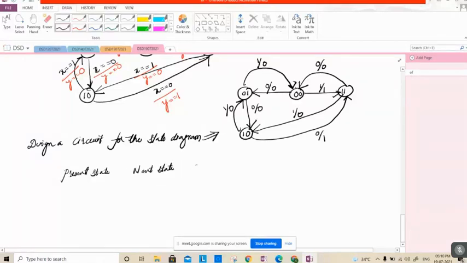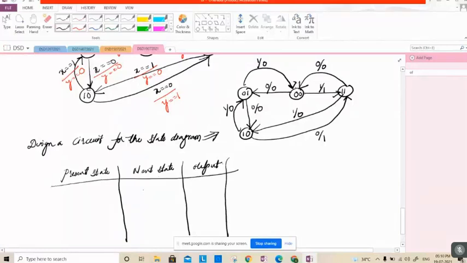Right, next state. Present state. You may start with any of the conditions. It is not that you are supposed to start with 0 0 only. I'll start with 0 1. If my present state is 0 1, what will be my next state?